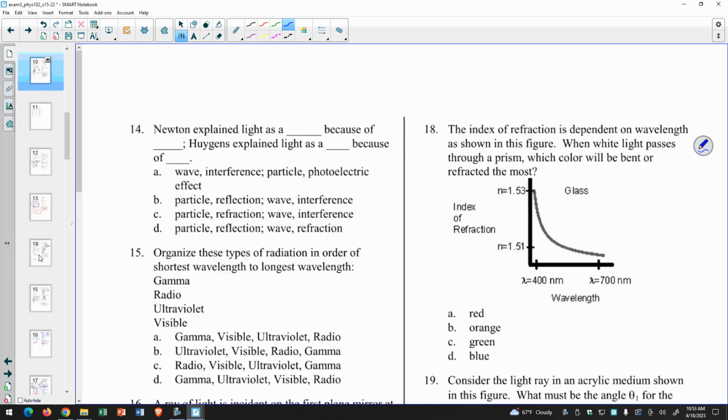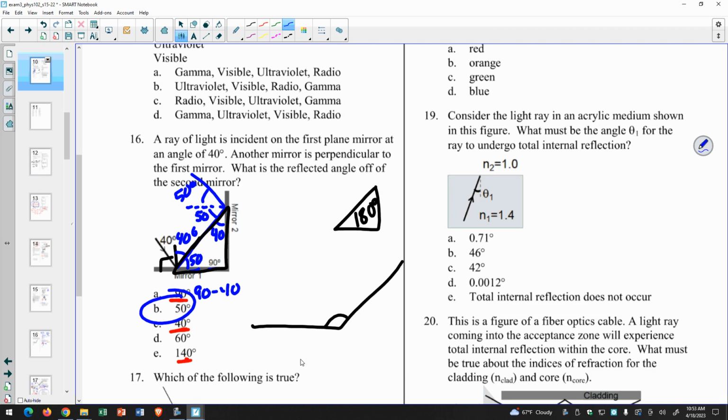Which one? Yeah. I would say here, first of all, I check, can I get total internal reflection? Yeah, because I'm moving from a high index to a low index, so I can get total internal reflection.